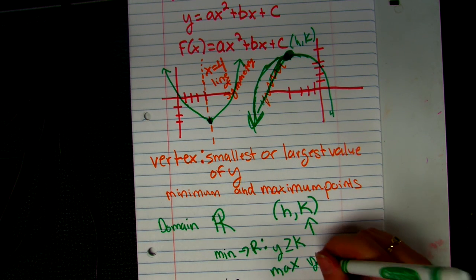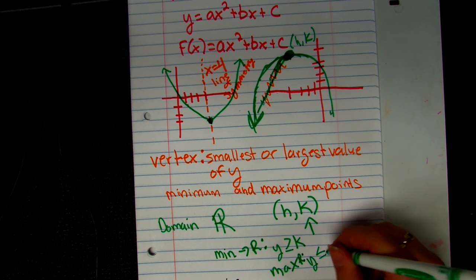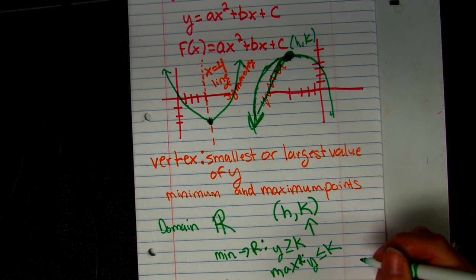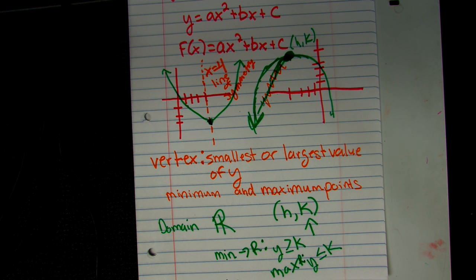So for the maximum, your range is going to be all the y's that are less than or equal to k. All right, so in our chapter 5, we're going to study more about quadratic functions and their graphs, and then we're going to take that even further into higher degree polynomials. But for now, go ahead and try some problems on your own from 5.1.